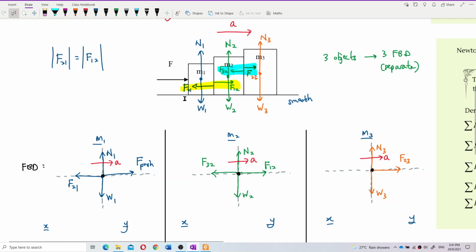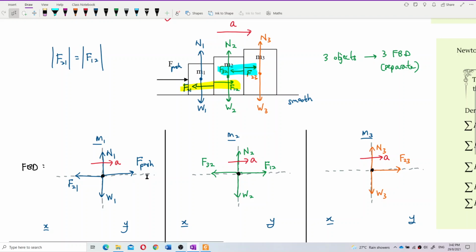Now, this is the free body diagram for mass 1. As you can see, the pushing force initially is at the left hand side, isn't it? But we don't draw it at the left hand side. We need to put it over to the right hand side. Drag it over to the other side, but maintain the same direction to the right.